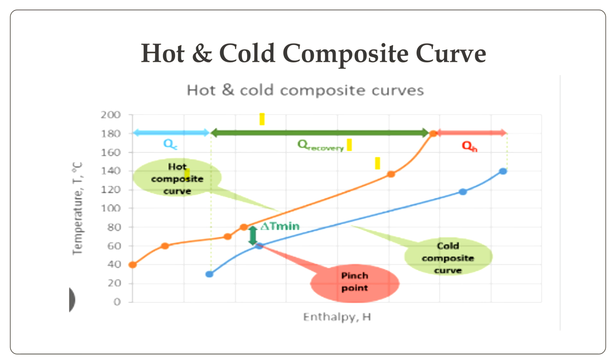This is the composite curves between the two streams, the hot and cold composite curves. On the x-axis, the enthalpy is plotted against temperature. Below the pinch point, a cooling stream will be passed, and above it, hot utility will be passed.